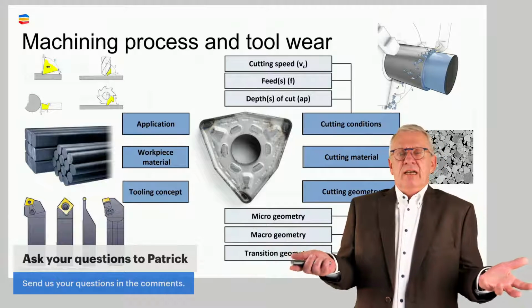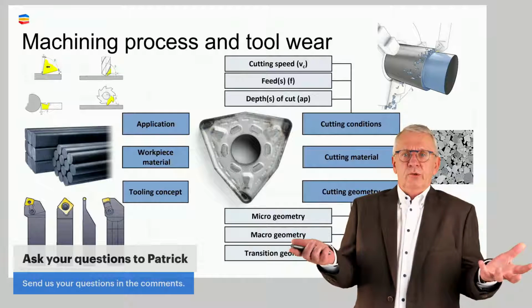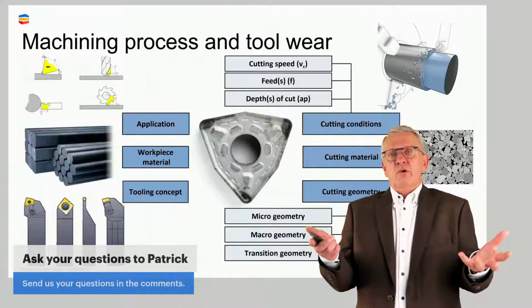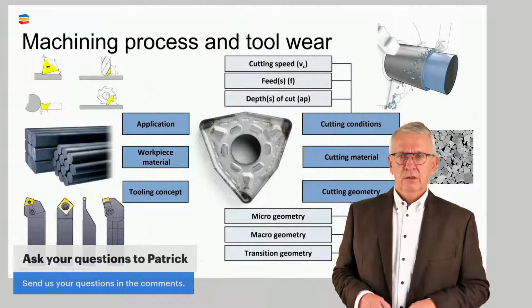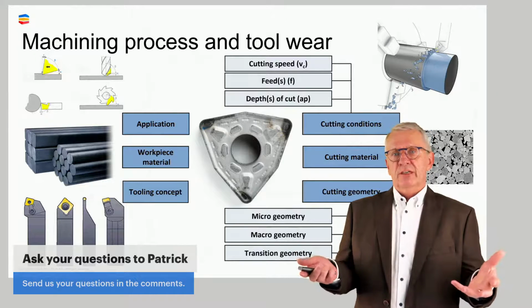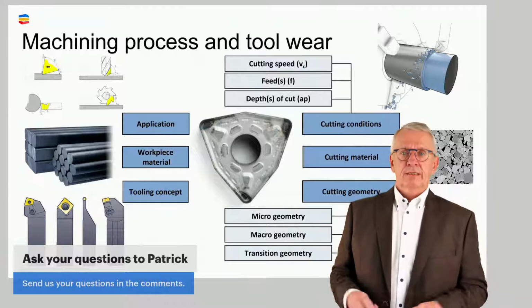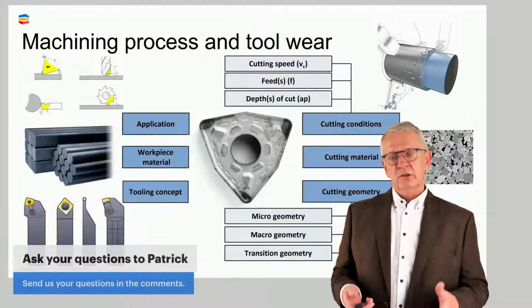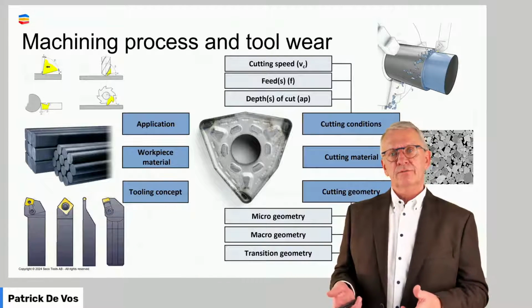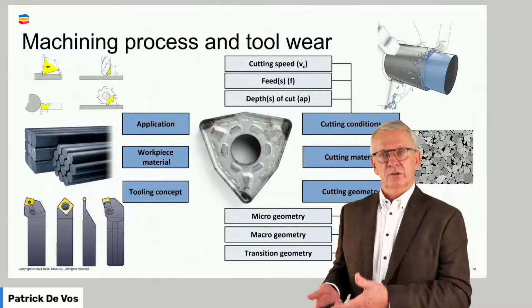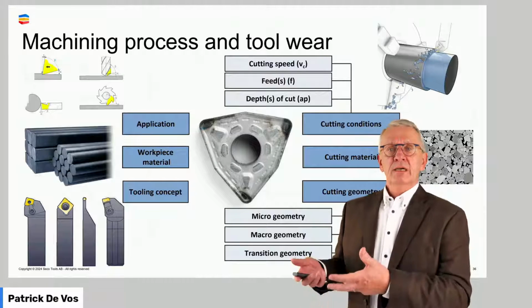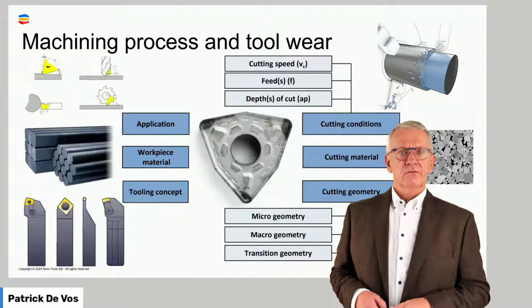All these are elements, factors, variables in the tool wear equation. And solving the equation, if all factors are unknown, is a bit of an impossibility. So the more you know, the less you have to suppose, and the more accurate your predictions will be towards the future.